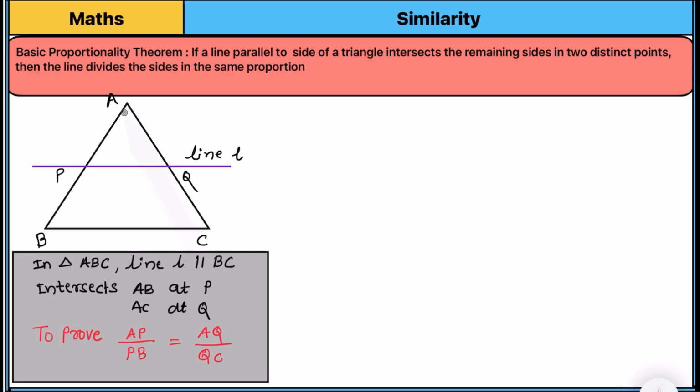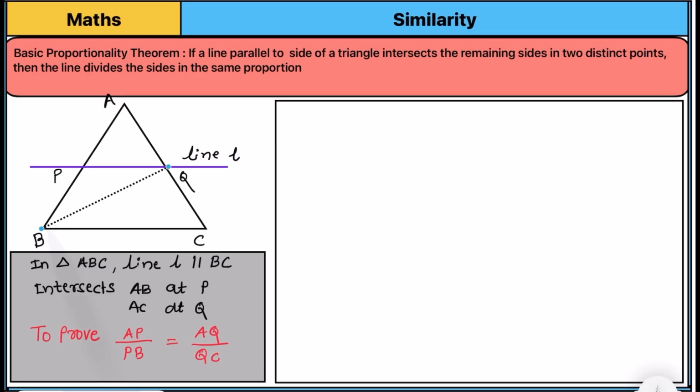So in triangle ABC, we have been given that line L, which is highlighted in purple, is parallel to BC. This line intersects AB at point P and AC at point Q. So let's prove AP upon PB is equal to AQ upon QC.